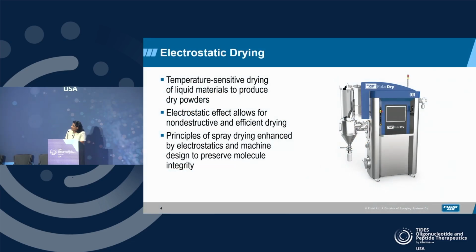So some basics with electrostatic drying. Electrostatic drying basically originated from spray drying, but it is a temperature sensitive drying of liquid materials to produce powders. We introduced the unique electrostatic effects during the drying process that allows for non-destructive and efficient drying to produce dry powders.